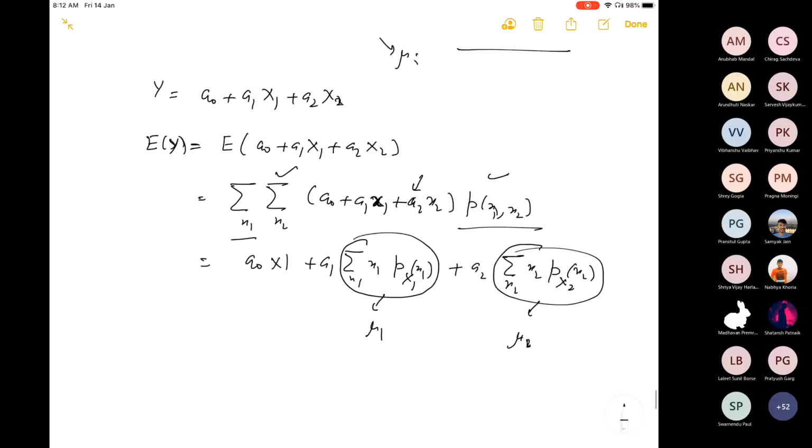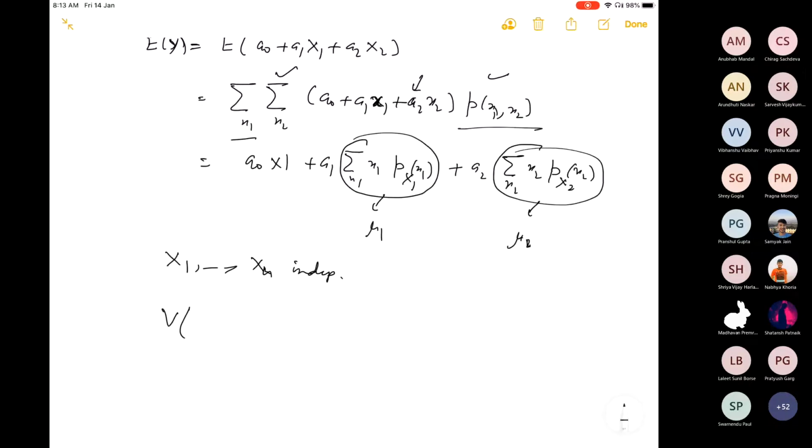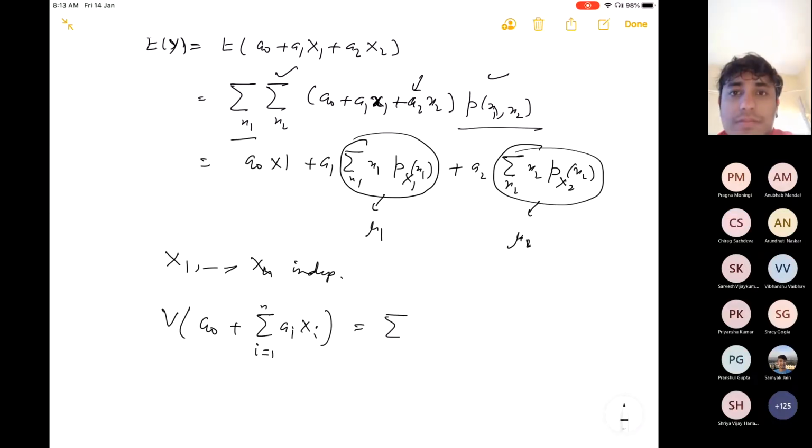Okay, in this fashion we can obtain this. Now, let us say that additionally we assume that x1, x2, up to xn are independent also. Then the variance of a naught plus summation ai xi, i from 1 to n, will be summation ai square variance of xi, i from 1 to n.